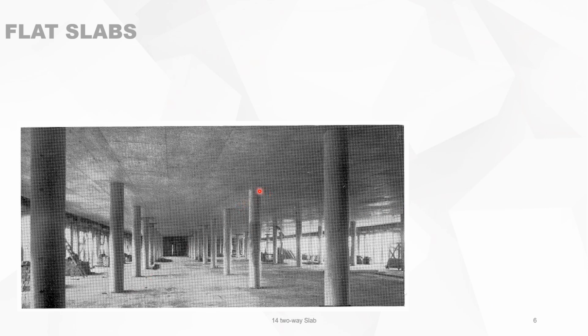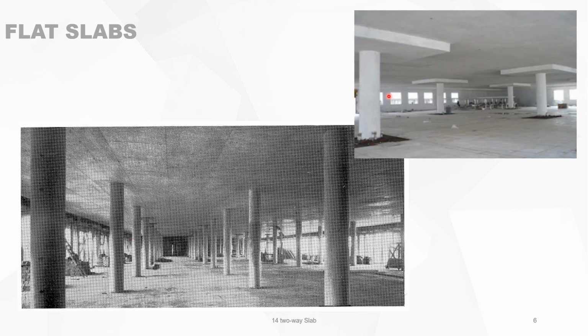Or it can also be without any thickening on the slab. So you will have really a flat slab supported by the columns. There are no beams. Or there is locally a large portion which is thicker than the slab itself.